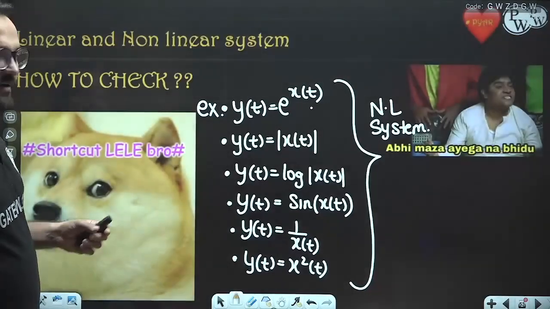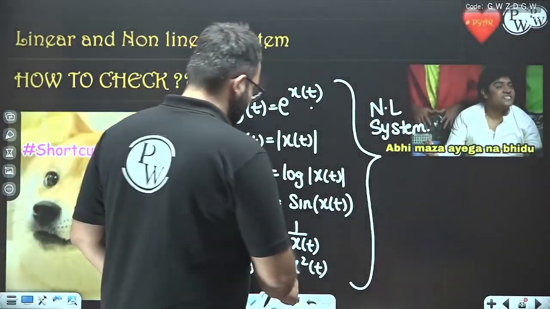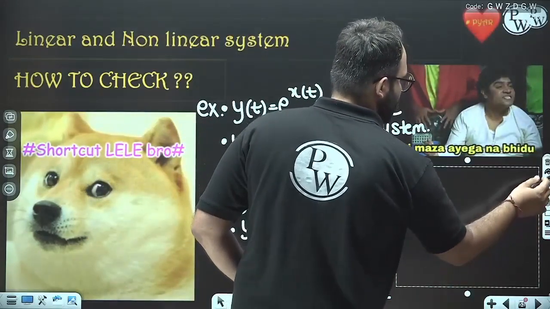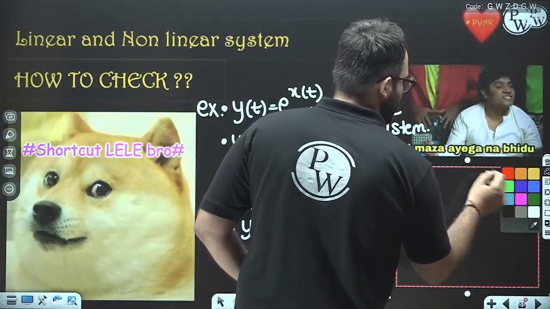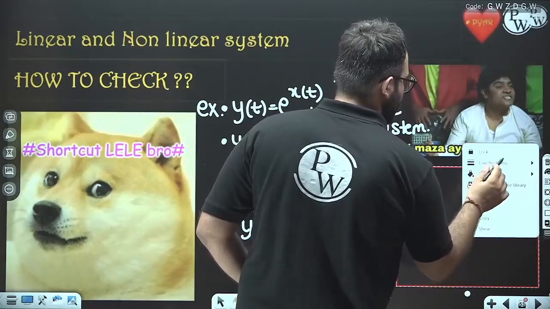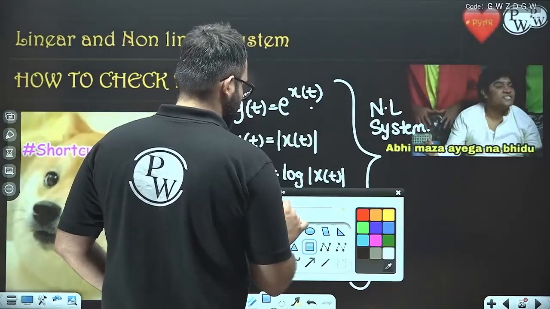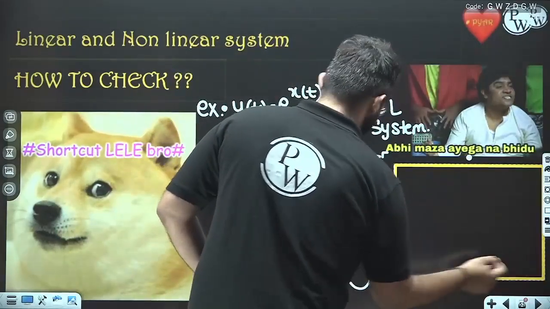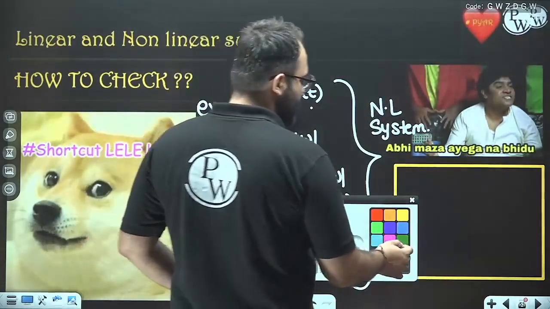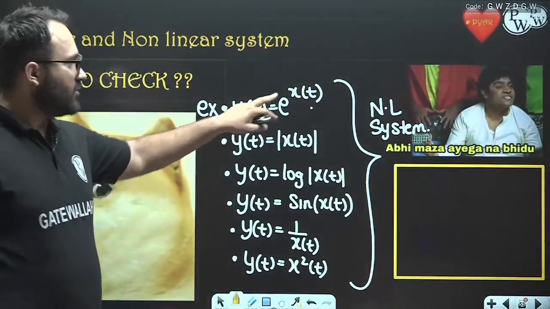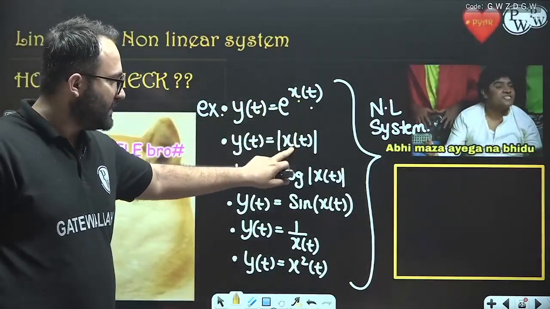But there is one very important rule which can help you a lot. If we have a non-linear operation on x, then it is non-linear.